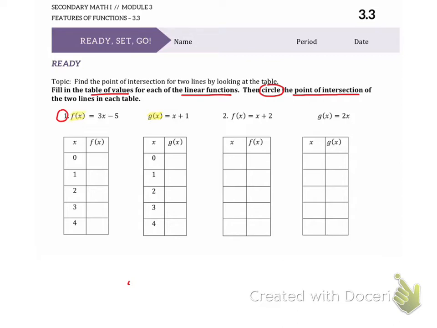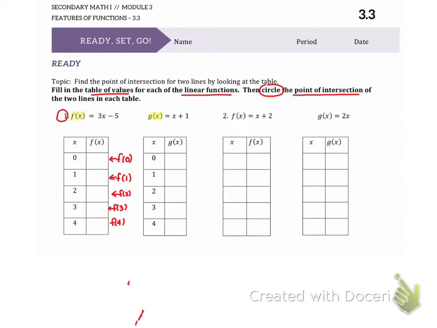Here I'm going to get f of 0, f of 1, f of 2, f of 3, f of 4. The function is given, it's all about evaluating.